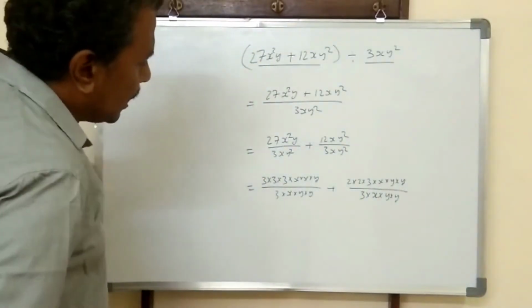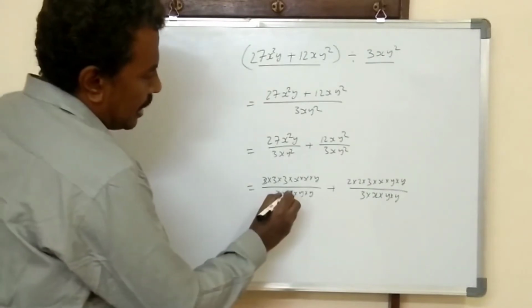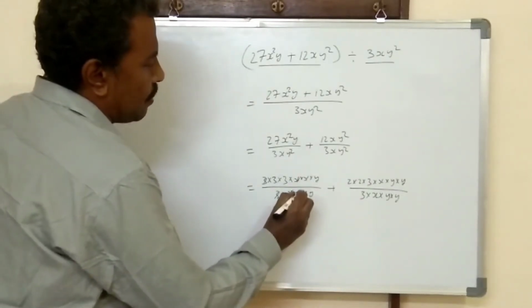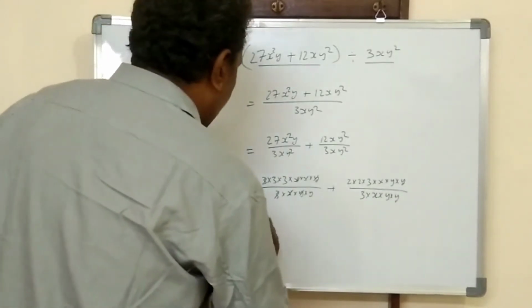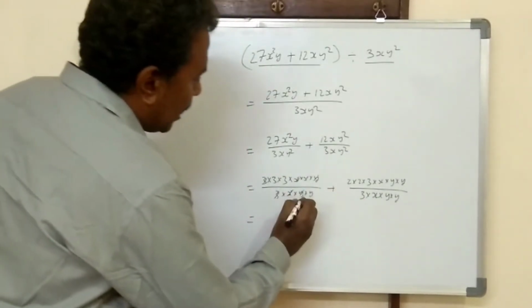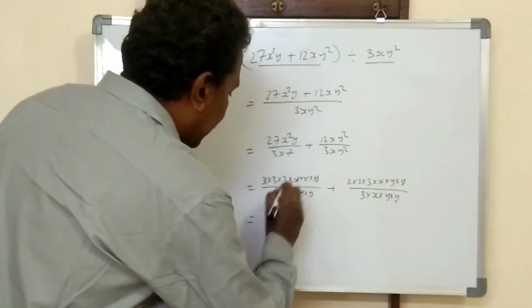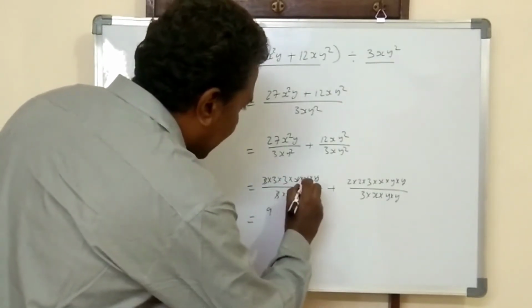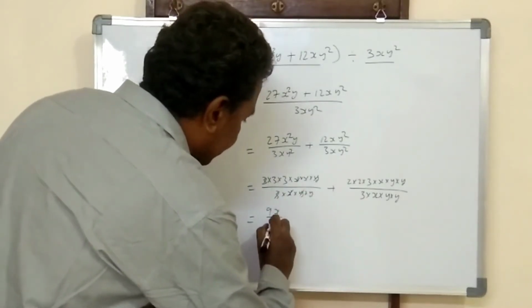Now do the necessary cancellation. 3 and 3 cancel once, x, x, y, y. So the denominator will be 3 into 3 is 9, the remaining is x, x, and the denominator is y.